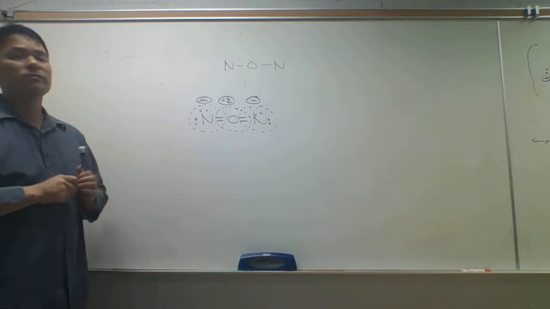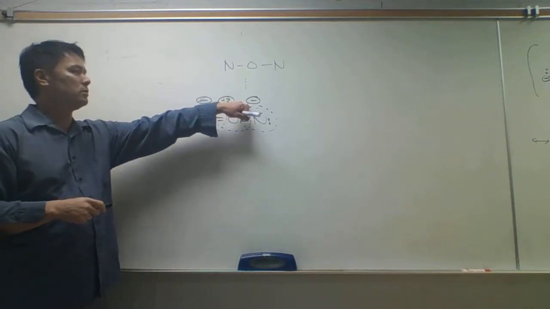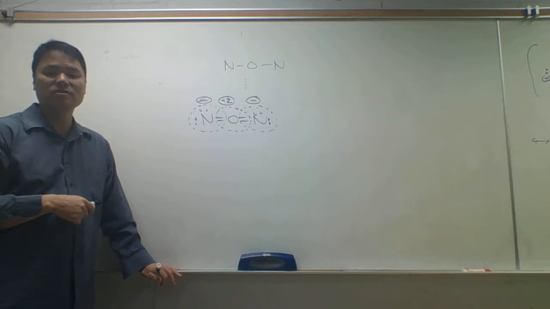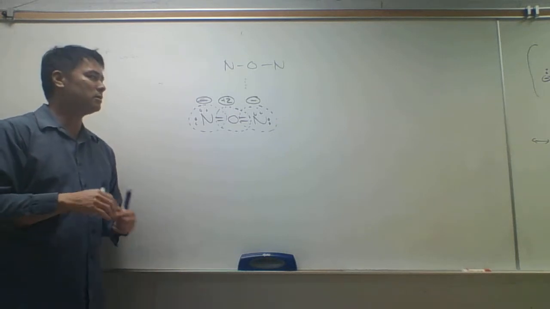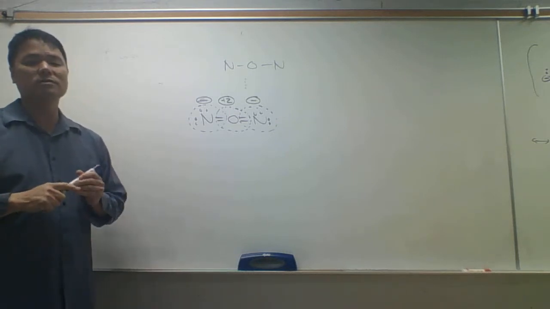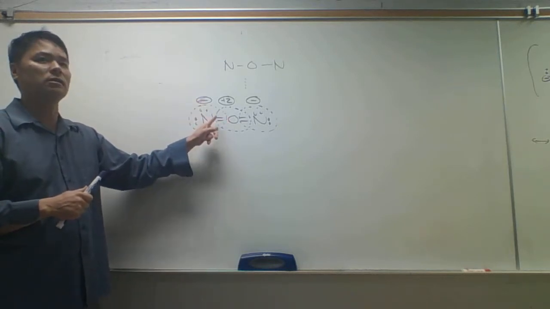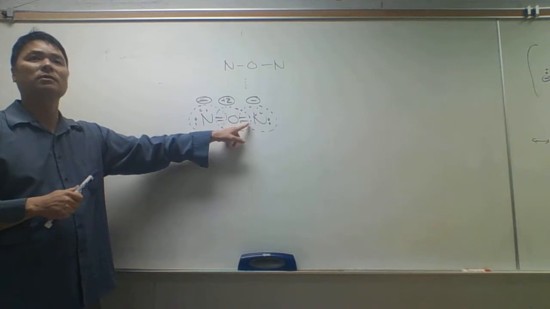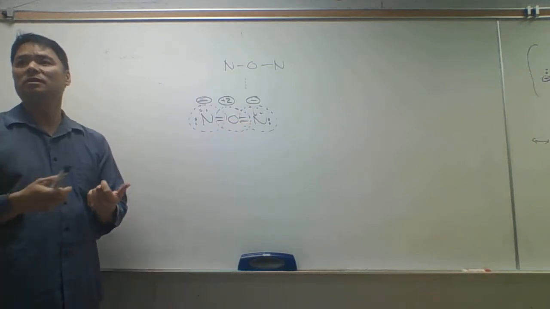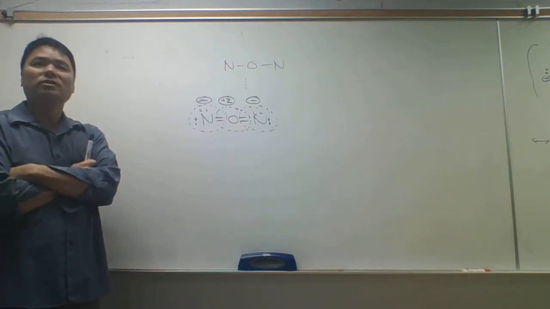And so the sum of the formal charges, minus 2 plus 2, is 0. That's fine, except in order to generate the formal charge, you have to separate the electrons. So this nitrogen has to pull an electron off oxygen, and this nitrogen has to pull one too. And so two nitrogens each take a total of 2 electrons off oxygen.